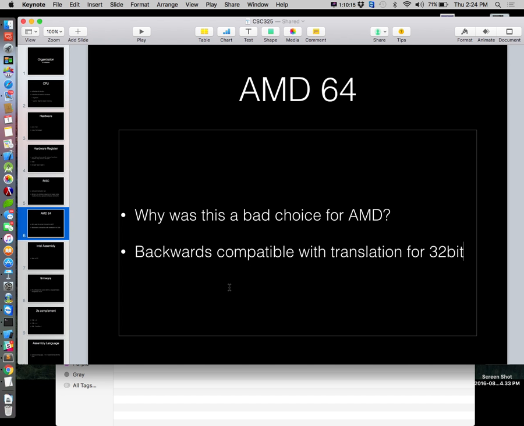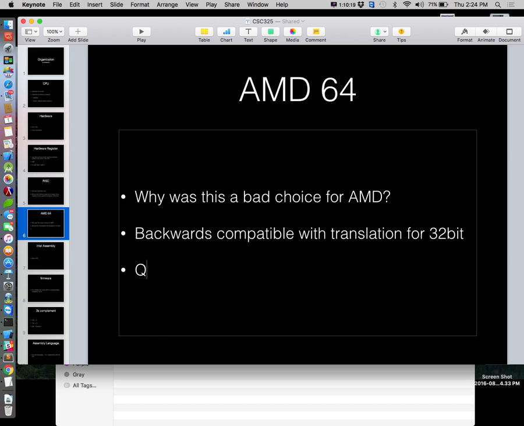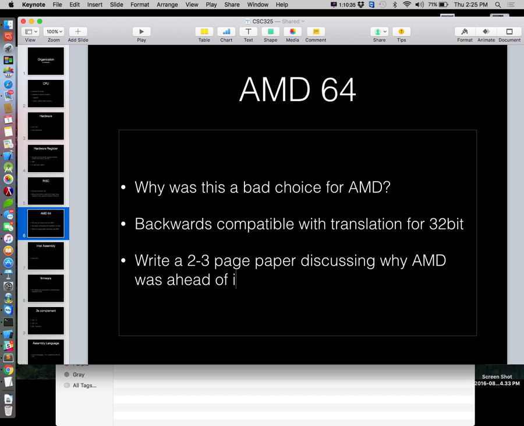Okay, so for your homework assignment, write a 2 to 3 page paper discussing why AMD was ahead of its time with the 64-bit processor.